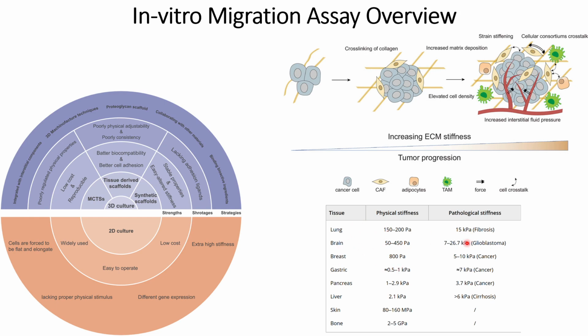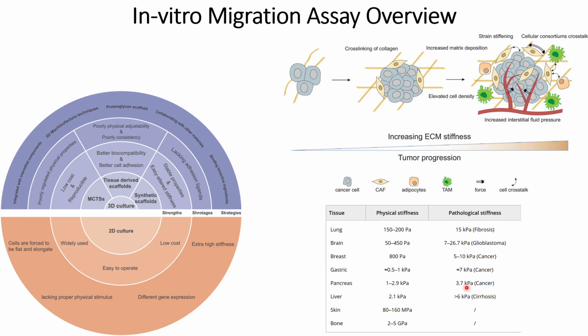Similarly, pancreas has a physical stiffness of around 1 to 2.9 kilopascal, but the pathological stiffness is around 3.7 kilopascals, and this is one of the most aggressive cancers, which can proliferate and migrate with this increase in stiffness from 2.9 to 3.7 kilopascals.